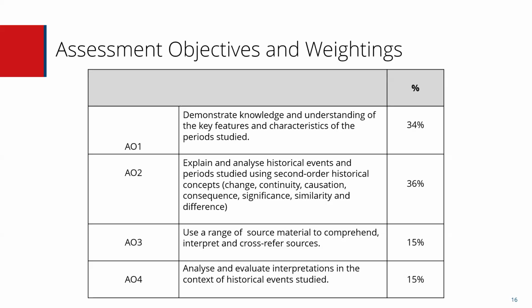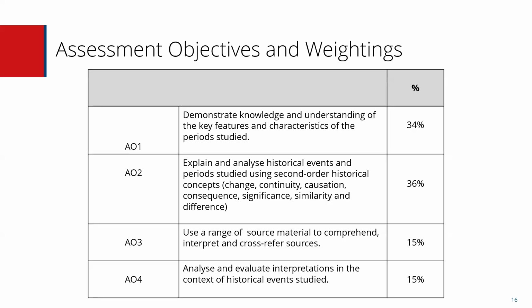Your AO2 is your explanation and analysis of historical events and periods studied. This is using those second order historical concepts, building on what they already have been learning in their history: change, continuity, causation, consequence, significance, similarity, and difference. So that's all addressed in AO2.